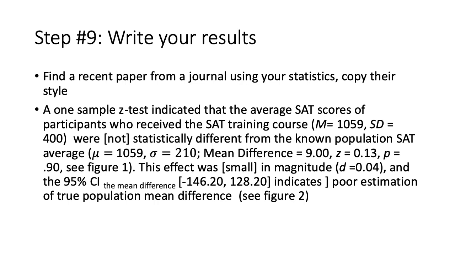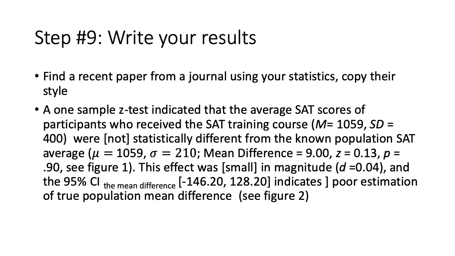My next point, I kind of am drawing this out a little bit, but I'm saying the effect was small in magnitude, and my Cohen's d equals 0.04. I'm drawing this out because a lot of folks will still just look at the p-value, so I'm doing an extra step. I could have thrown that Cohen's d at the end of the previous parentheses, but I really want to make the case that this is a very tiny effect.